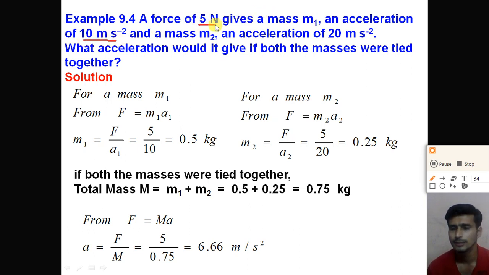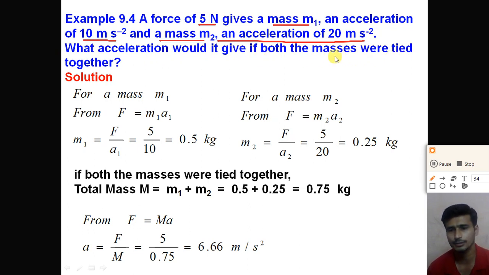The same force of 5 Newton applied on a mass m2 produces an acceleration of 20 meter per second square. Now what will be the acceleration if both masses are tied together?